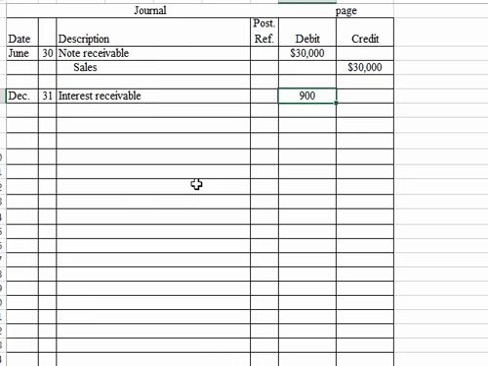That one's $900. That's how much interest was earned from June 30th to December 31st. We don't debit cash because we haven't been paid yet. We'll increase the balance of the asset account interest receivable. We've earned it this year in 2016, so we'll credit interest revenue.